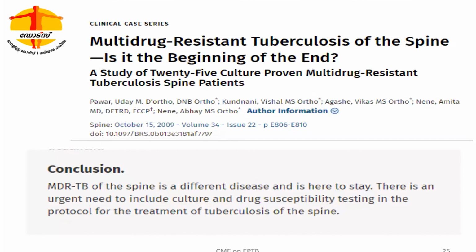So, if the patient is not responding initially and there is progression of the disease, then you have to obtain the microbiological sample for testing and confirm the diagnosis.